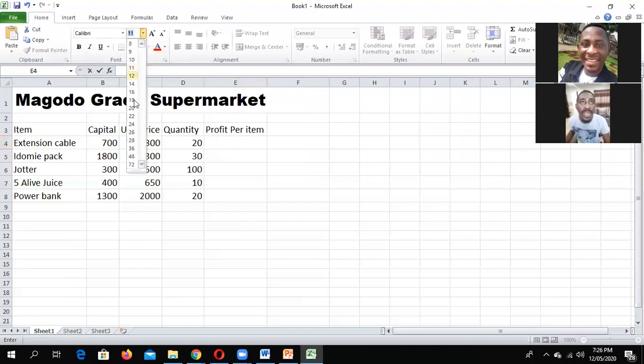Don't forget that last week I explained these cell ranges to you. So I want to deduct 700 from 1,300. What we'll get will be the profit they made on selling 1 unit of extension cable.